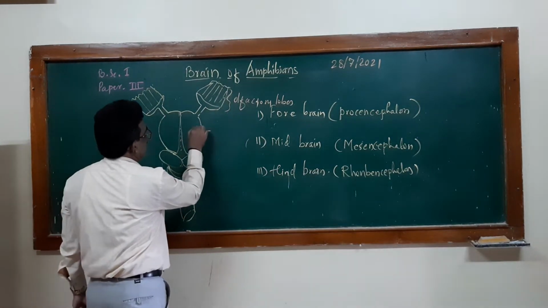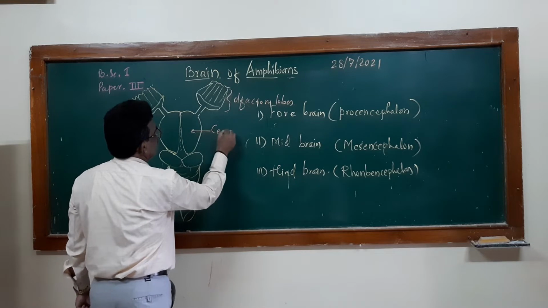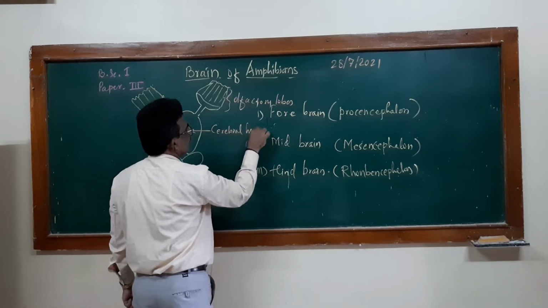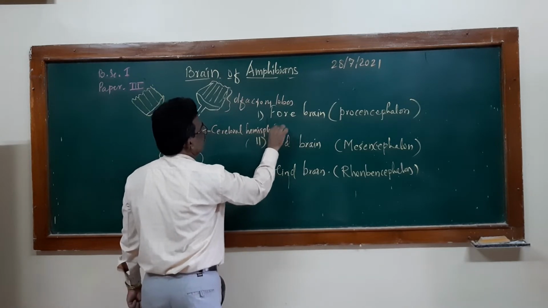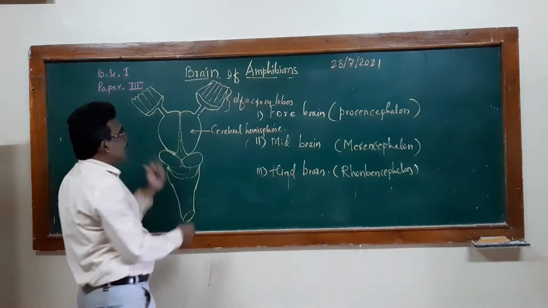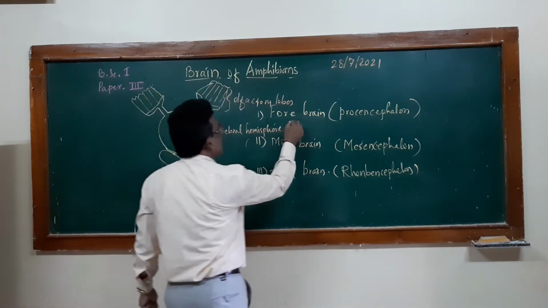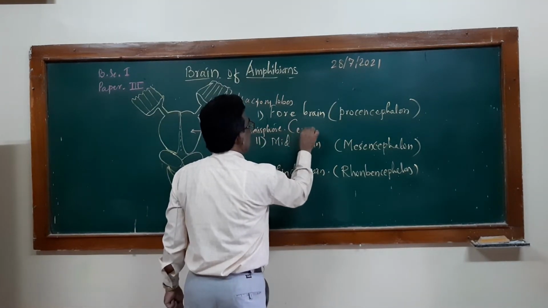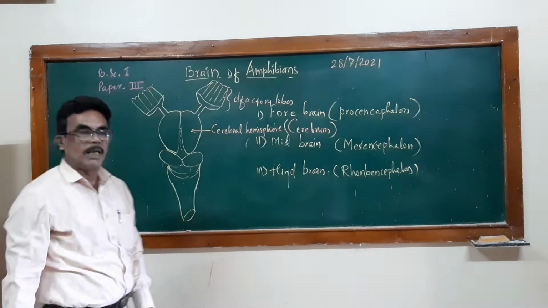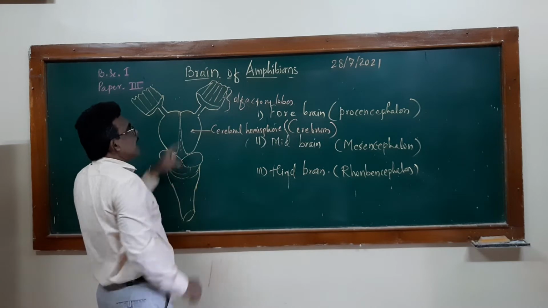The next part is the cerebrum or cerebral hemispheres. These two hemispheres combinedly are called the cerebrum.